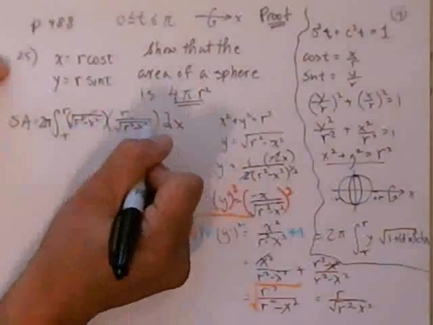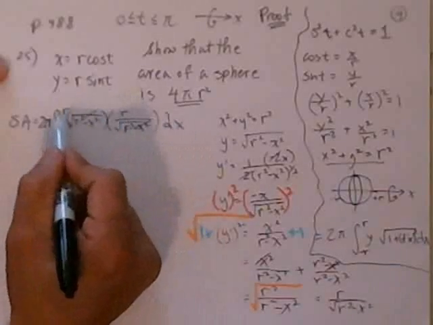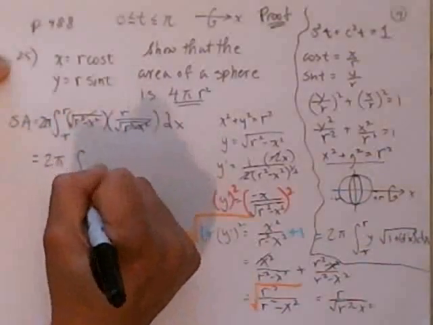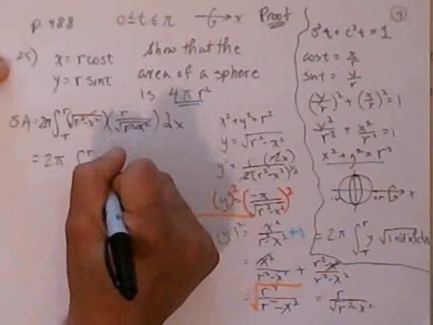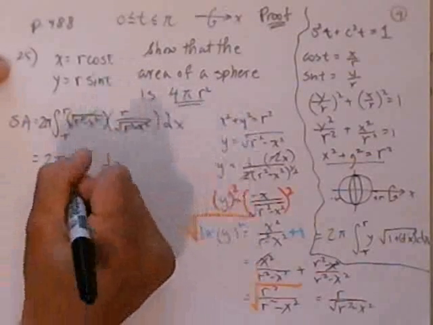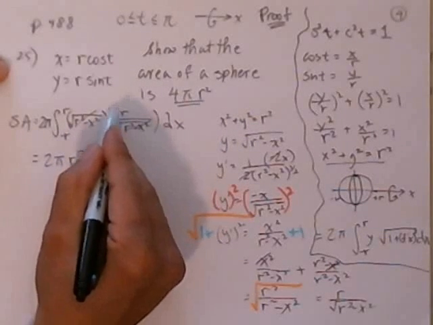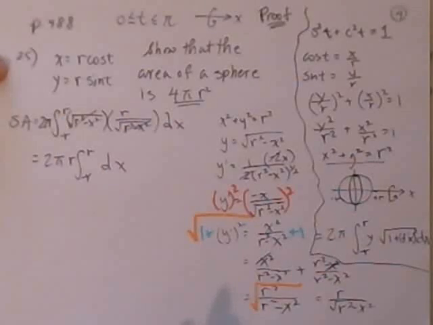Notice that the r squared minus x squared cancel. Factor out the r, you end up with 2 pi r integral from negative r to r of dx. The r is constant, it's not a variable, so we can take it out of the integral.